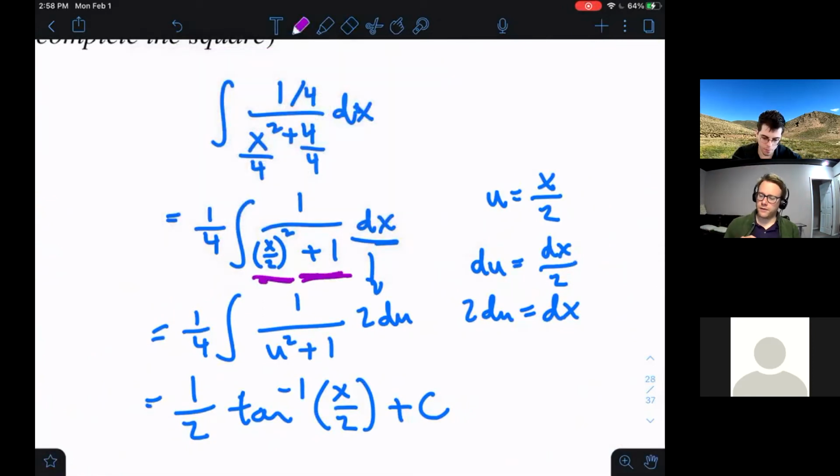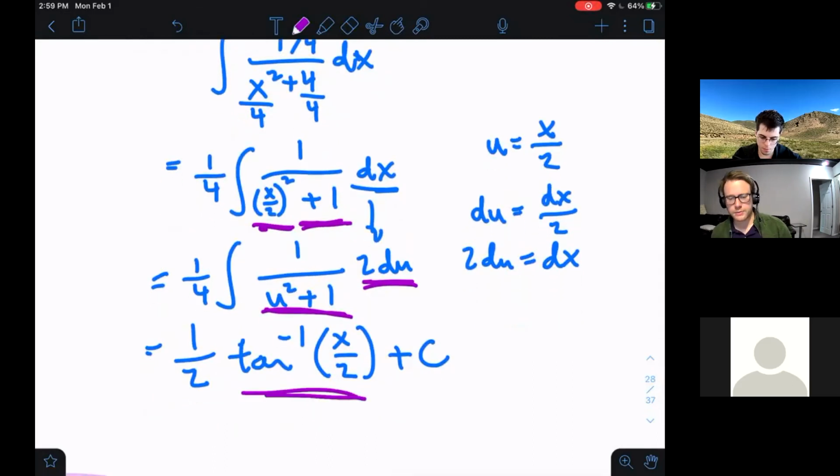Then that would fit our formula for tangent inverse. We would do a u substitution, then do our antiderivative and substitute back in for u. We would substitute in x over 2. Oh, okay. Again, it's the same steps as we did in the last problem, but now with a specific number. Thank you so much. Yeah, of course.